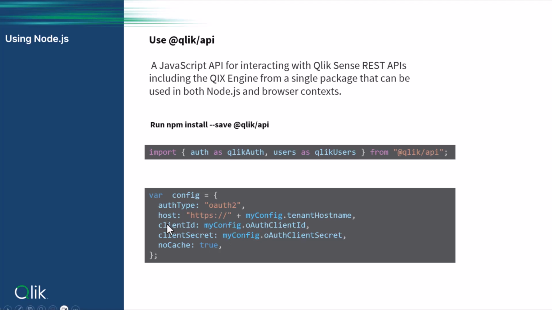Because the OAuth client is created in the actual tenant, so that will be different from tenant to tenant. All these things can be spun up via APIs as well, but this will not be covered in this video.